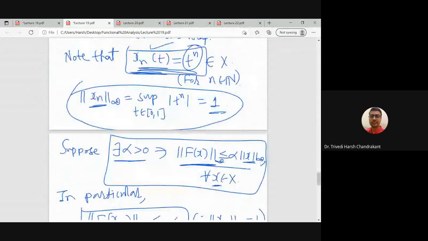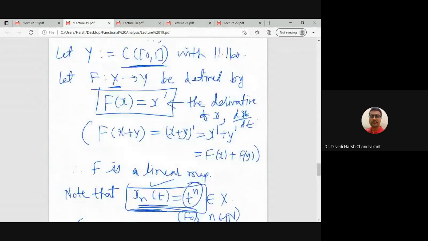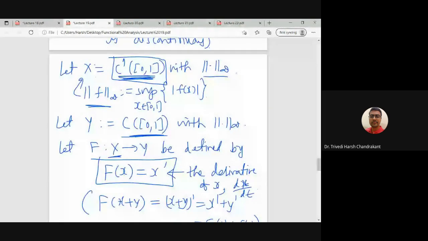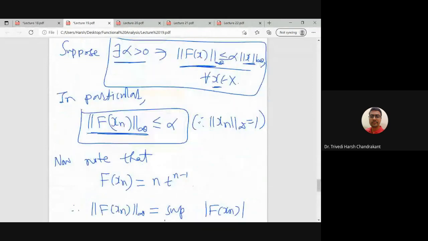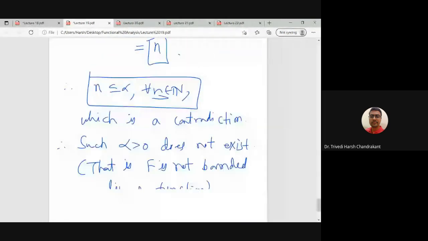So here we have considered on the domain the supremum norm, and on the codomain also we consider the supremum norm. Domain is one times continuously differentiable functions, and codomain is continuous functions on the closed interval 0, 1. So this was the first example where we have seen that we cannot find alpha basically.